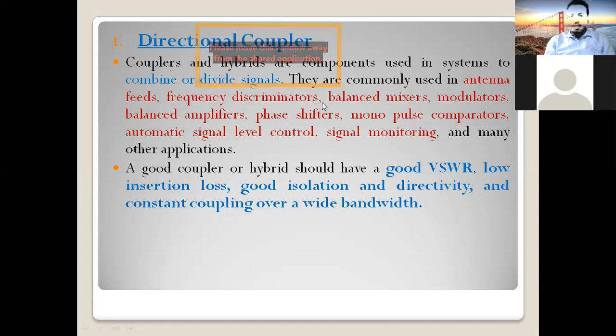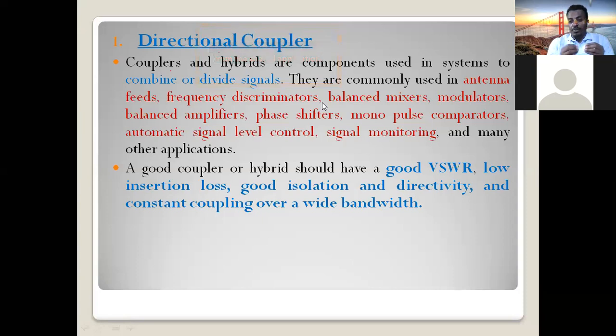But in general, couplers and hybrid components are used to combine or to divide signals, right? In order to combine two signals from two transmission lines into one, or to split or divide a signal from one transmission line into two or many, we need devices, right?